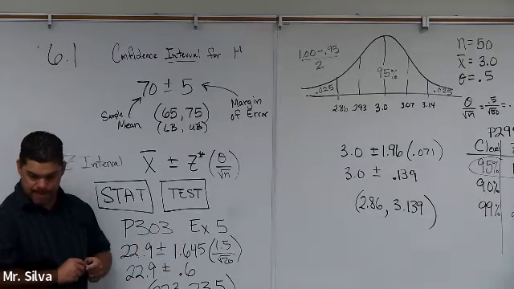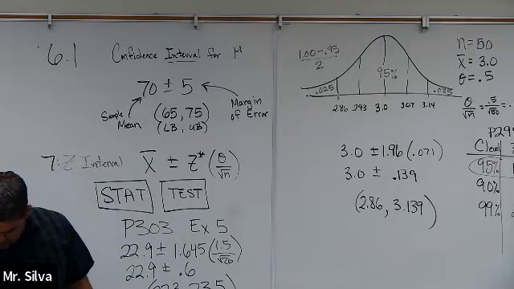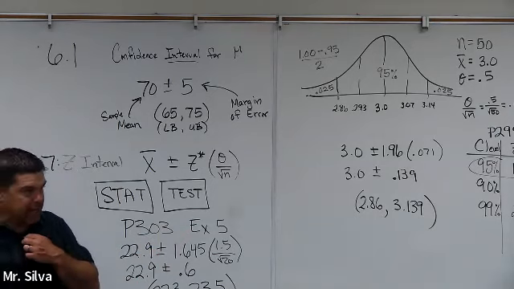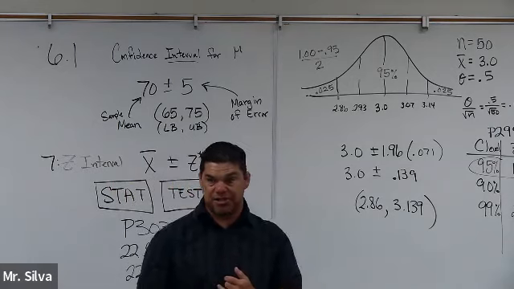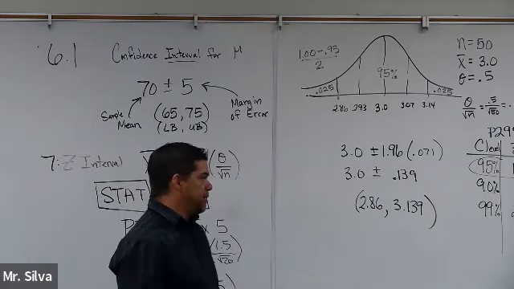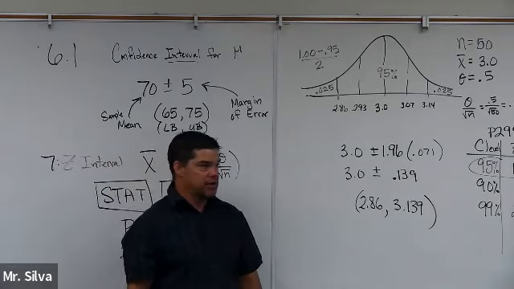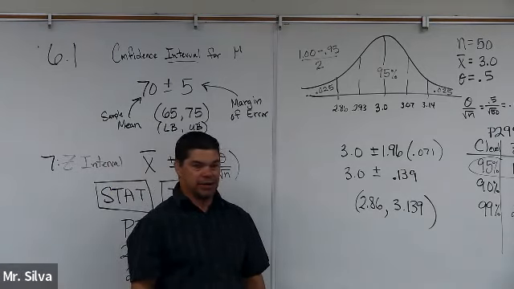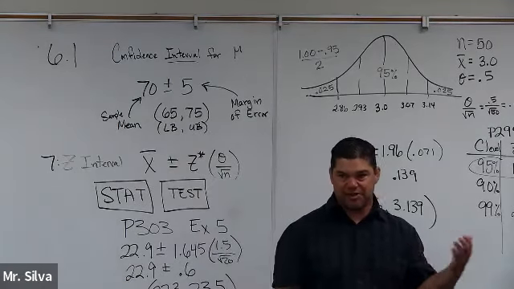Okay. Margin of error. Okay, I didn't address a couple things, but some of the questions in the book will ask you for the sampling error. The sampling error is the difference between the sample mean and population mean. So there's a word called sampling error. How far off is our sample?